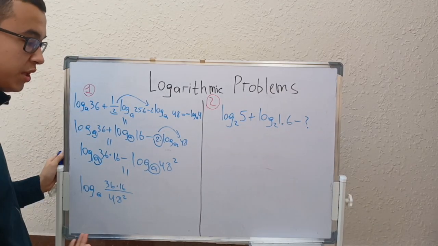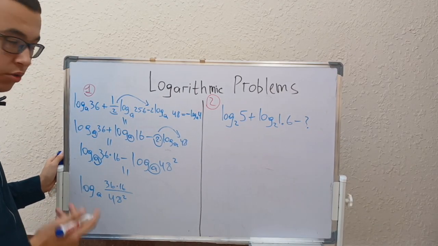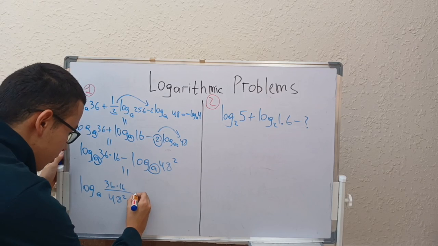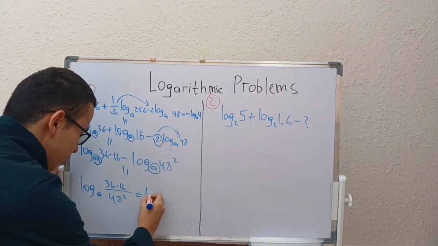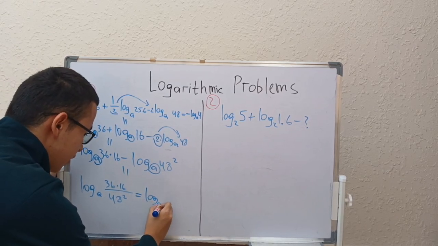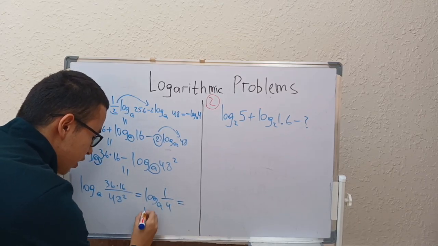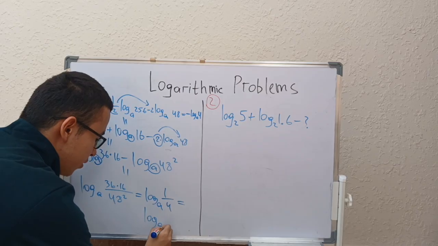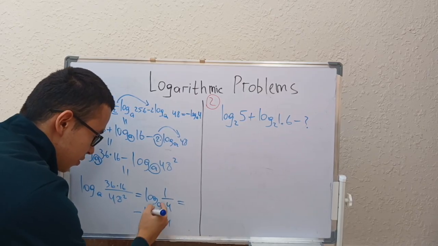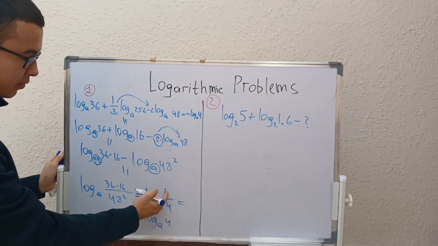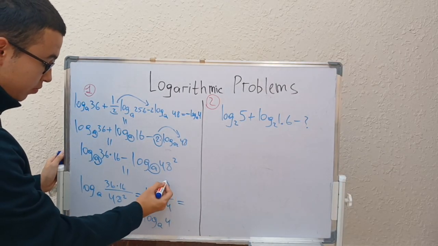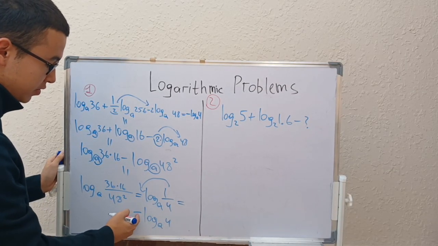And because on the AP Calculus exam you have a calculator, you can calculate that this would be equal to logarithm base a of 1 divided by 4, which would be equal to minus logarithm base a of 4.